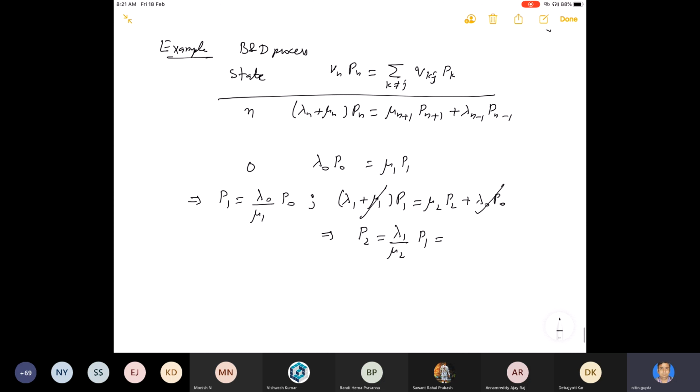So p1 is lambda naught p naught, therefore this is lambda naught upon mu 1 p naught.